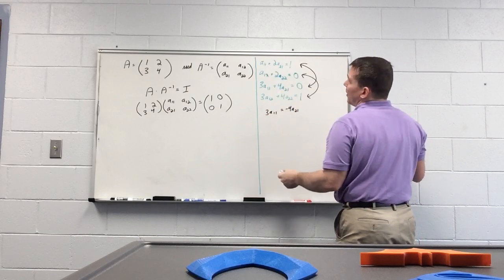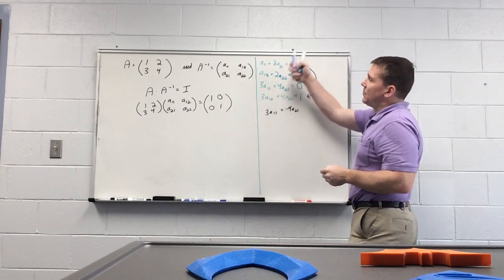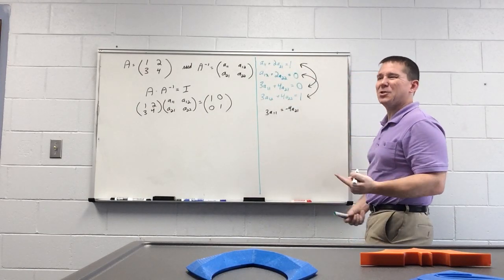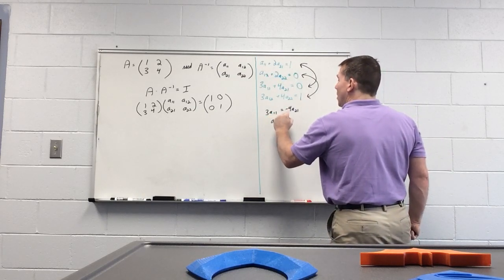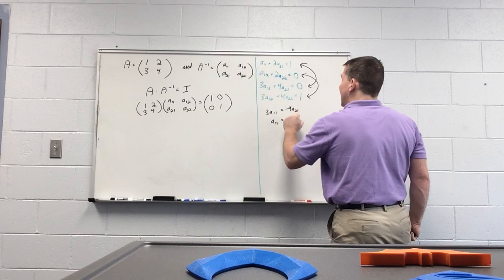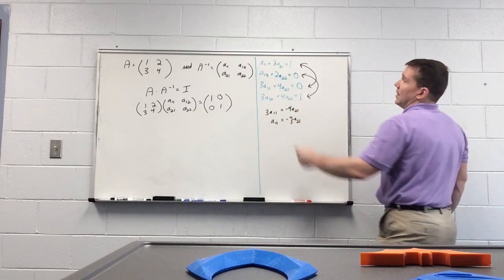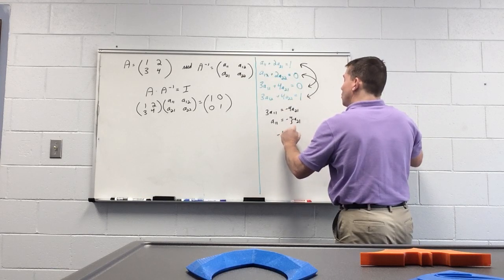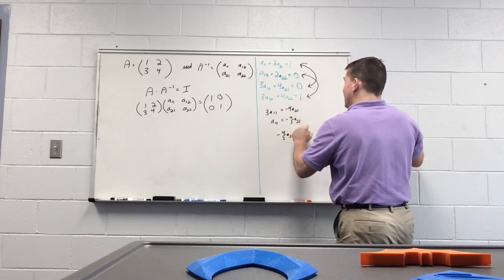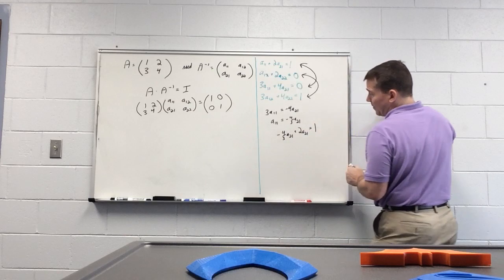Divide the 3 over. Again, these are not matrices anymore, they're all just numbers, so I can do all my regular operations. A11 equals negative 4/3 A21. Plug that in up here. I get negative 4/3 A21 plus 2A21 equals 1.